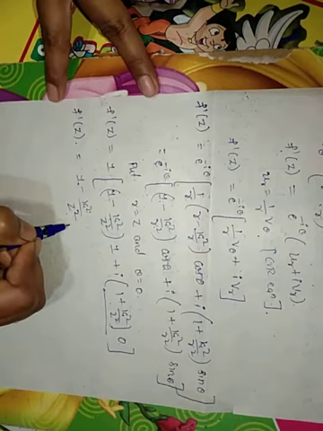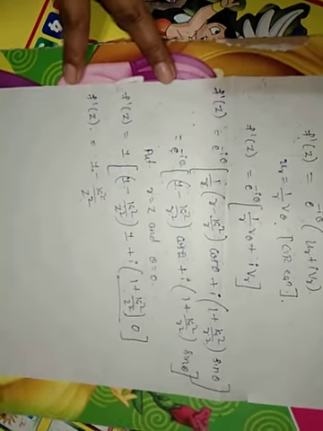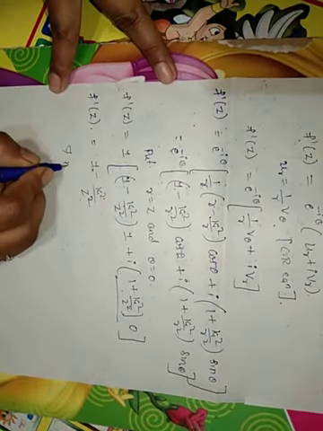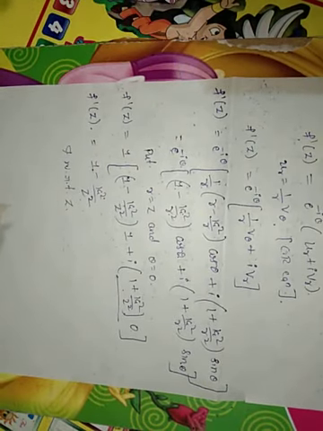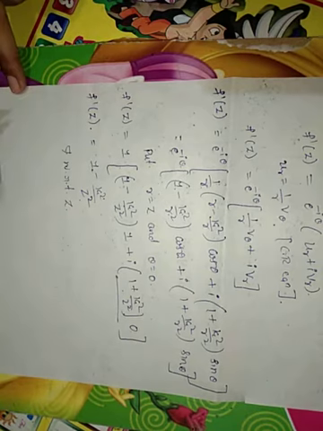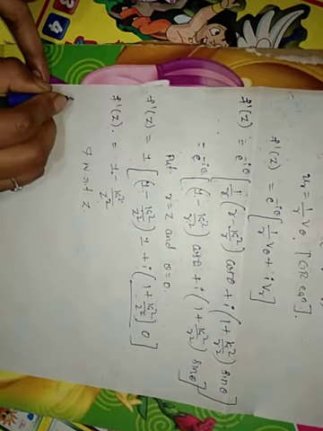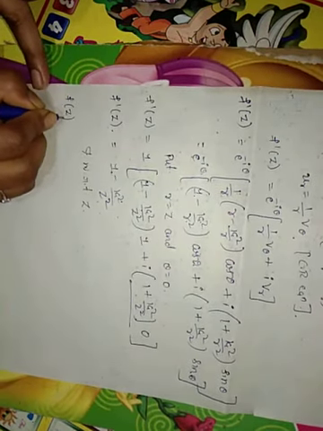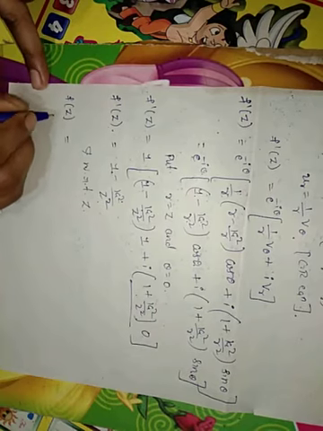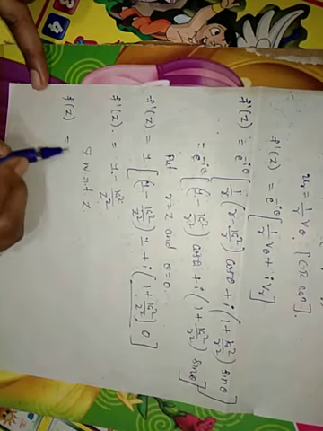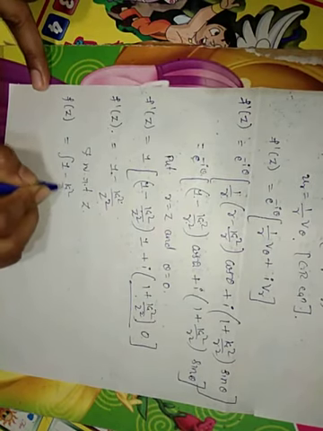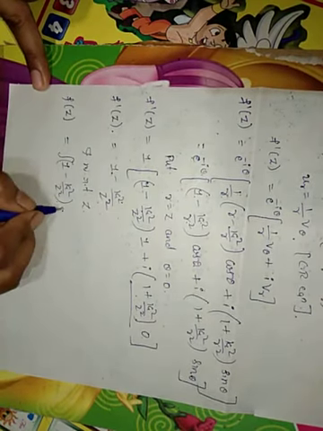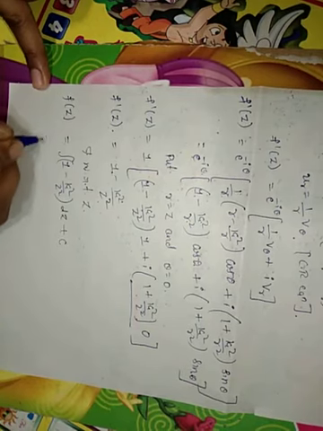Now we have to find the integration of this function with respect to z. Integrate with respect to z to get the f of z. The integration of f dash of z is f of z. Integration of 1 minus k square by z square plus c.